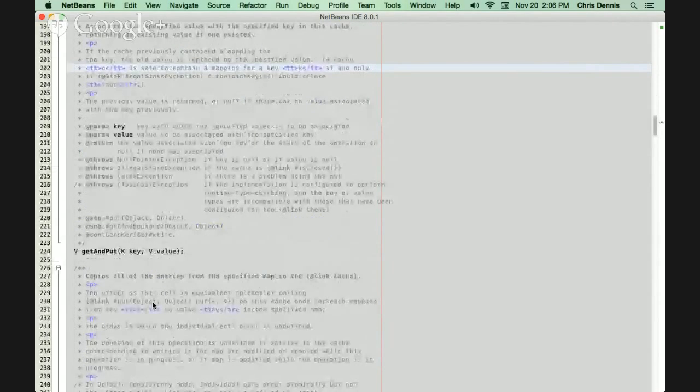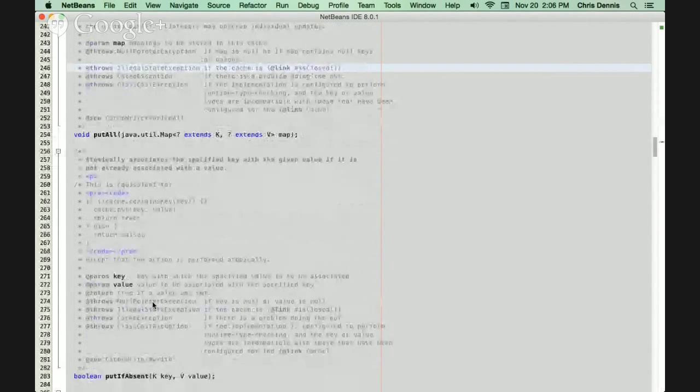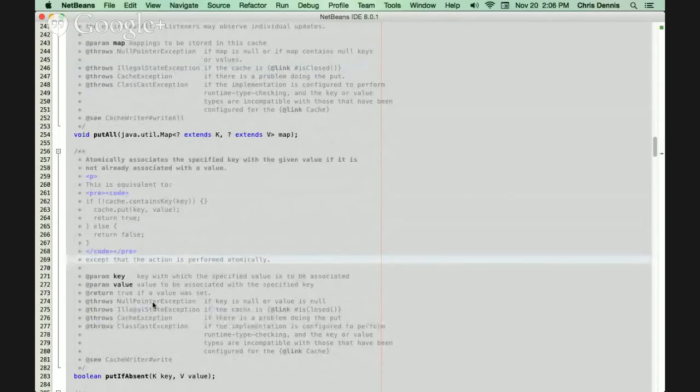But the problem is that means that putIfAbsent, as it currently stands, has a very strange contract in that the predicate, the ifAbsent, is on the cache, but the put is performed on the key. So it's partially a transparent caching proxy method on the system of record, and it partially isn't.